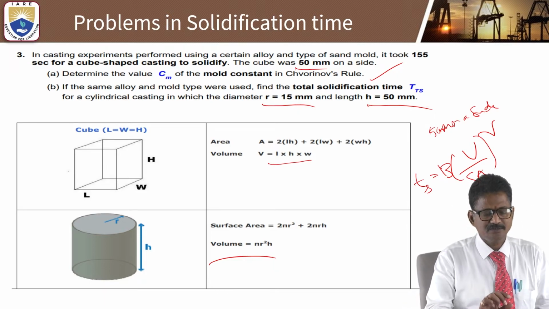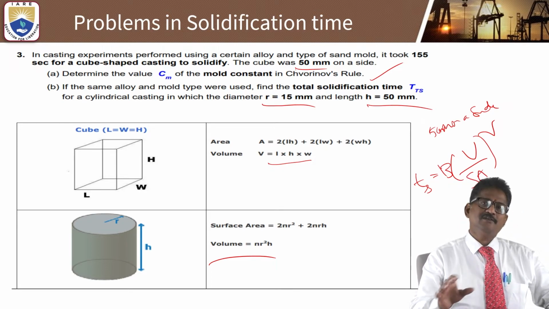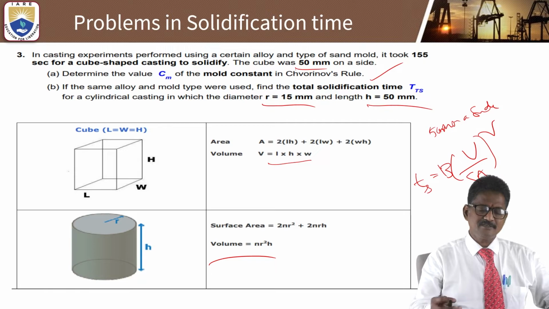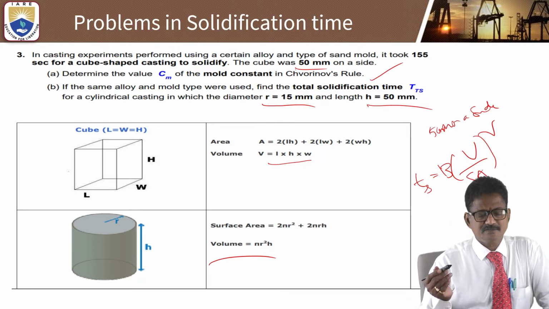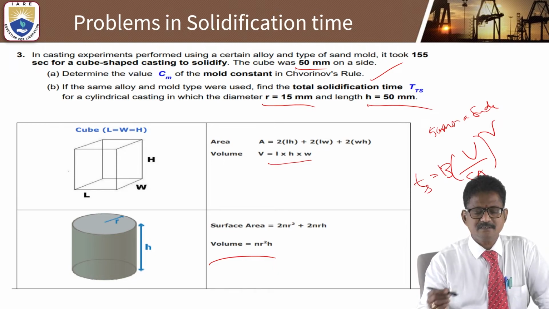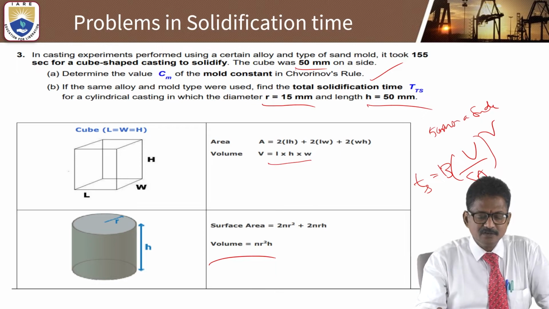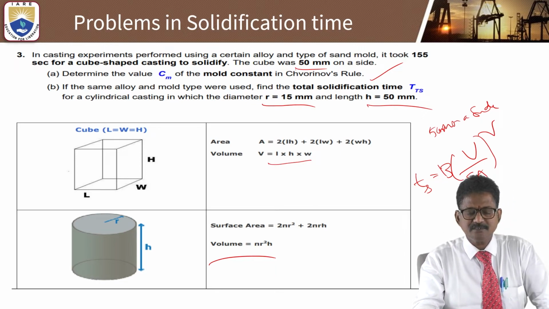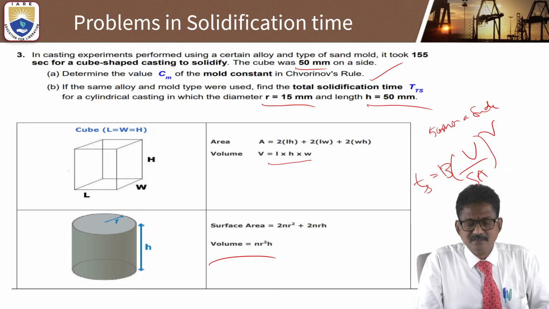You can apply this to the cylinder and the cube, where it is a uniform size and shape. L is equal to width is equal to height, so the surface area is 2 into LH plus 2 into LH plus 2 into WH.